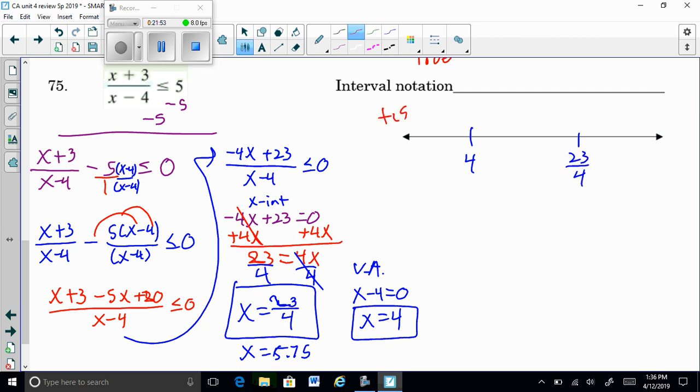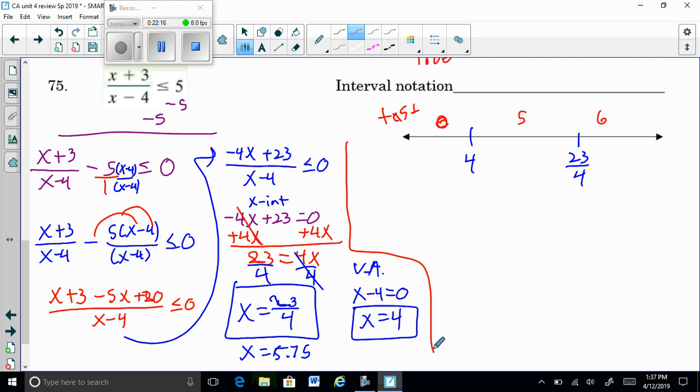So we want to test some values. An easy one to test would be 0. And then something between 4 and 5.75, which 5 would probably be the best. And then test something like 6 over here. Okay, I know this has been a lot of work, but we're almost done. We just got to plug and go in.